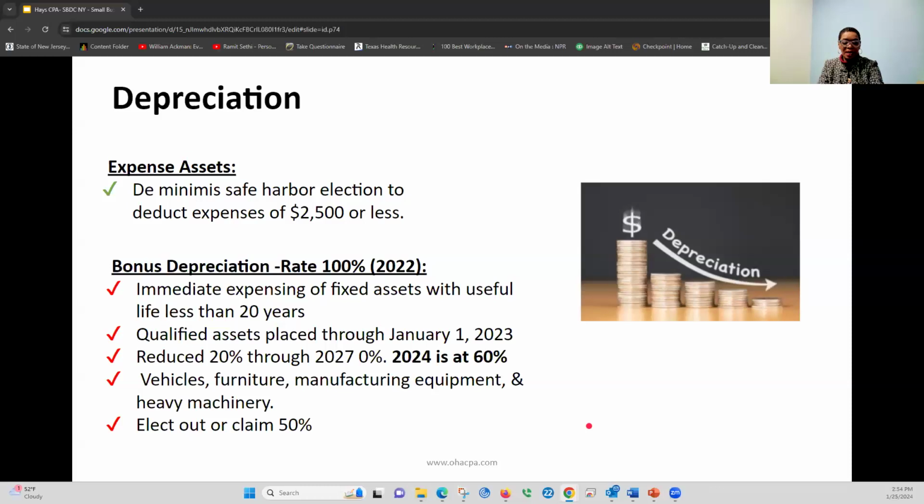Right, and I would add to that, depreciation is like an additional expense, so you cannot take all of the deduction. Usually with the de minimis safe harbor election, if you buy a new laptop and it's under $2,500, you can deduct it all.